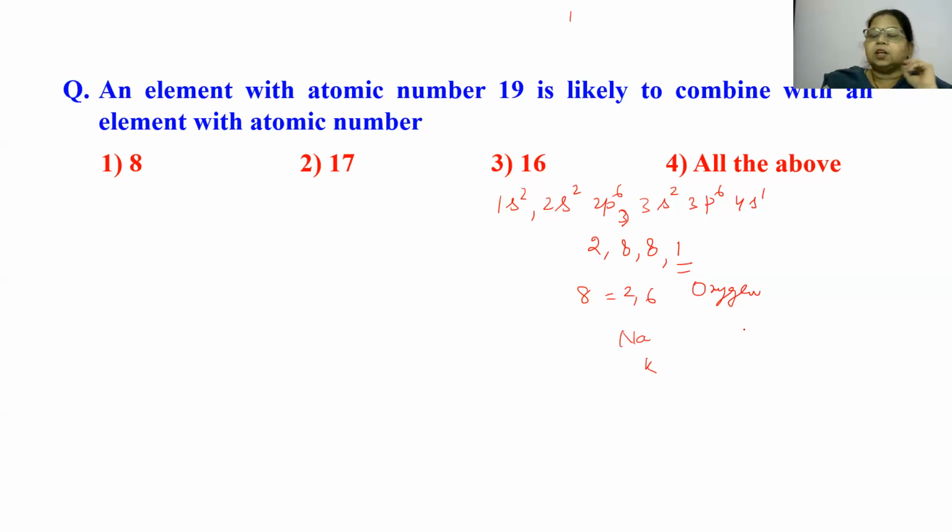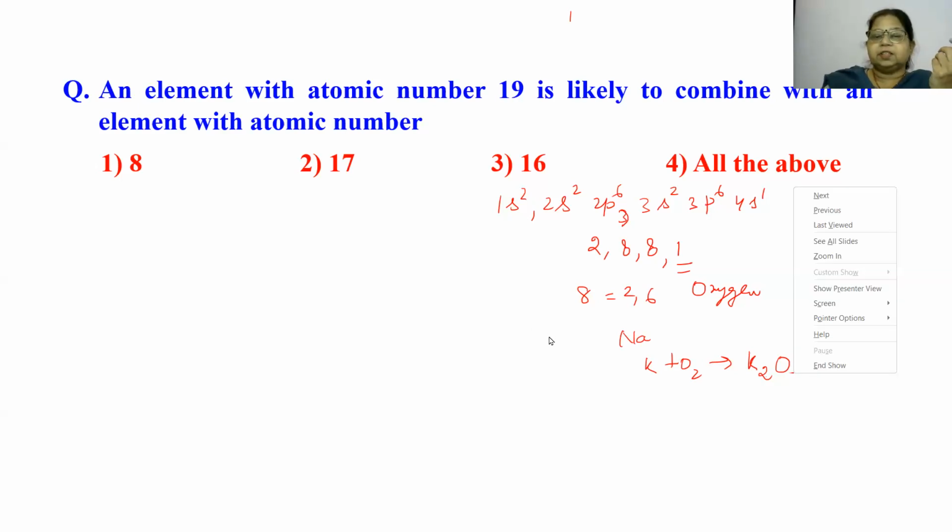So that they do not come in contact with atmospheric oxygen. So sodium or potassium react with oxygen to form oxide, right? The formula of oxide will be K2O, because the valency of oxygen is 2 and that of potassium is 1.